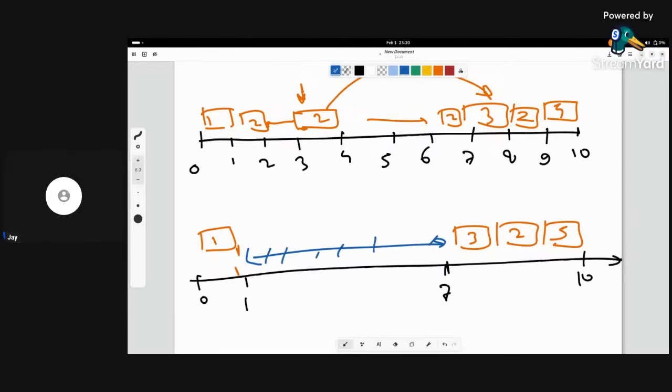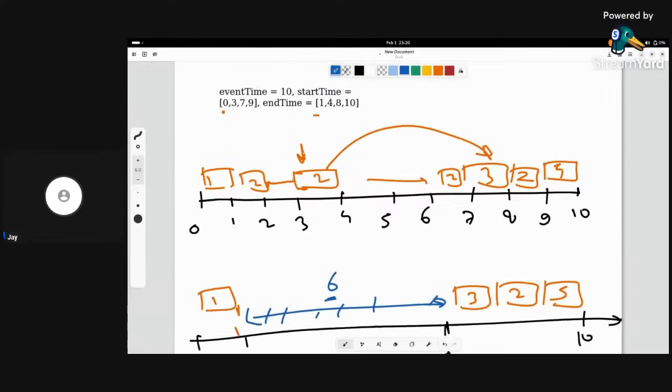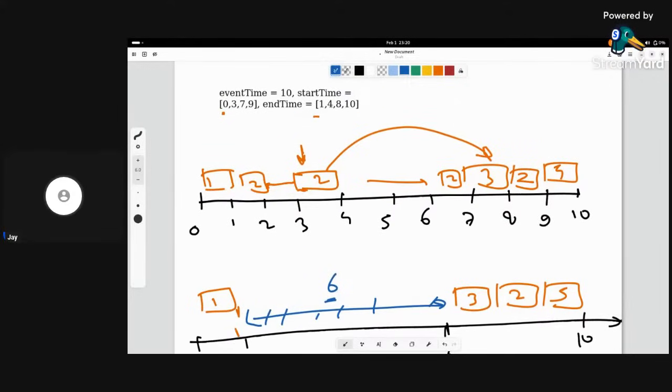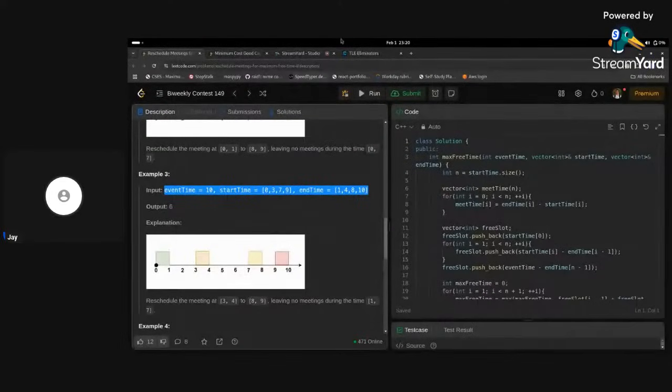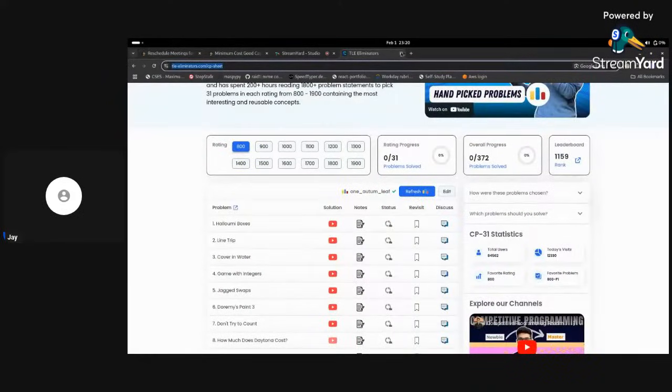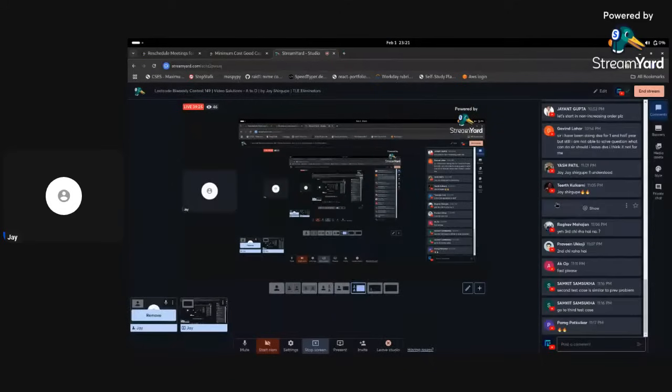So there are 6 units of continuous free time. But if you are only able to move 2 to the left or right according to the second problem, you would have at most 5 units of free time. So that's the different thing about this problem. It would be 6 over here, right?